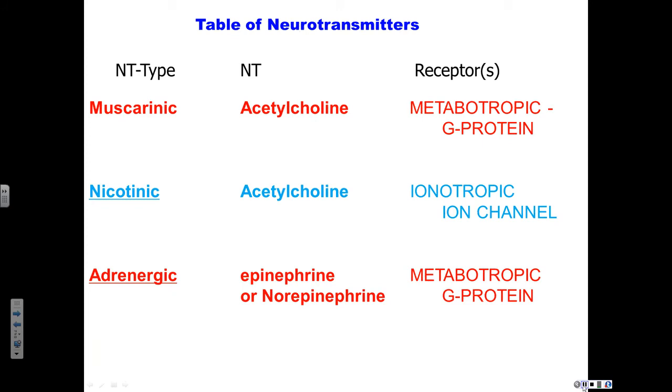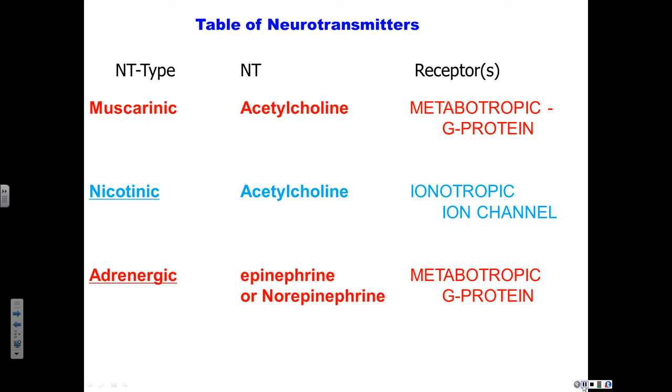All right, now here are the ones we're going to talk about, or the ones you're going to be responsible for at this stage. It's a little bit confusing, so let me be very careful. Let's do the bottom one first. These are two neurotransmitters, epinephrine and norepinephrine. And remember, epinephrine was a hormone. Norepinephrine and epinephrine only bind to metabotropic receptors.